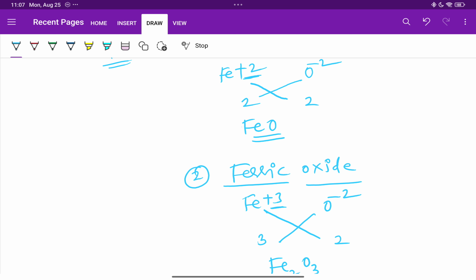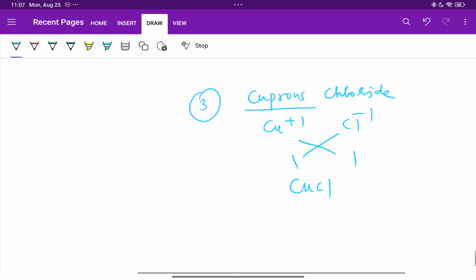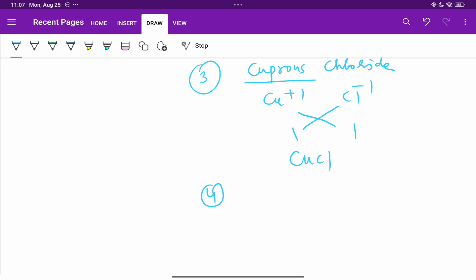Like that you have cuprous chloride: cuprous Cu +1, chloride Cl -1. So +1, -1 cancel, then you get CuCl, cuprous chloride. Then cupric chloride: same, Cu +2, Cl -1.